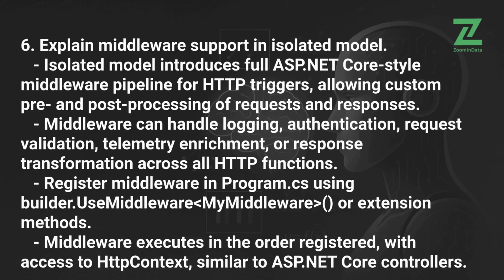Register middleware in Program.cs using builder.UseMiddleware<MyMiddleware>, or extension methods. Middleware executes in the order registered, with access to HTTP context, similar to ASP.NET Core.